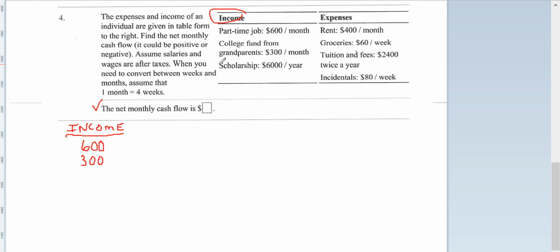And then the scholarship of $6,000 a year. Let's take that 6,000, divide it by 12, and that'll give you $500 a month income. So that's going to be $1,400 is our monthly income. How about the expenses?